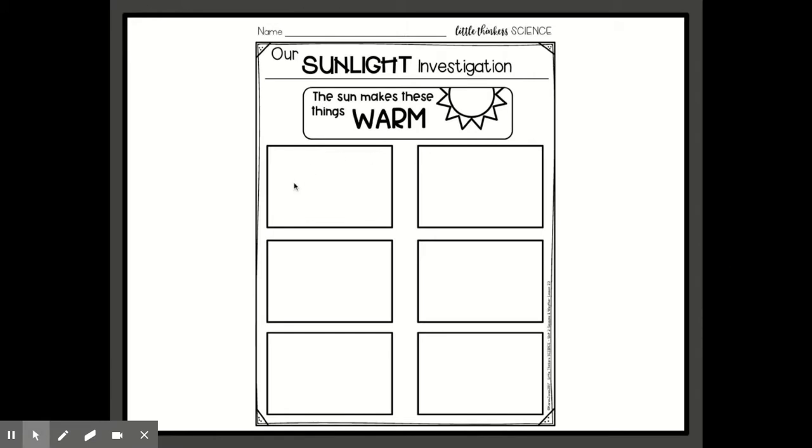Can you think and say out loud what are some things that the sun makes warm? Right? The sun makes the concrete warm. It makes the slide at the playground warm. It might make the sand at the beach warm. Right, because when the sun hits it, it makes it warm. Good.